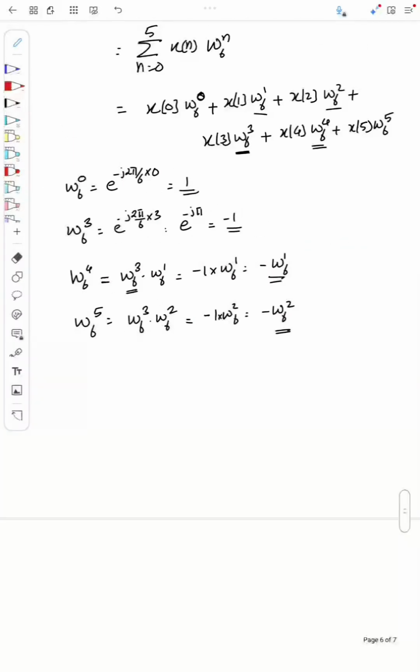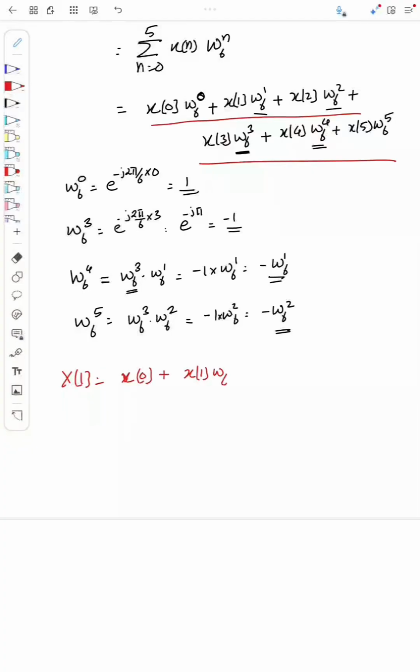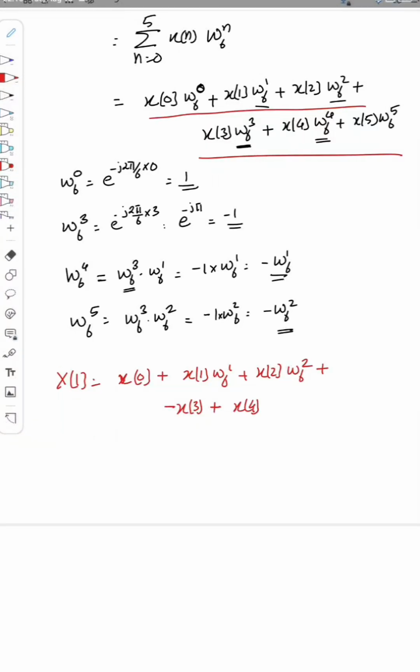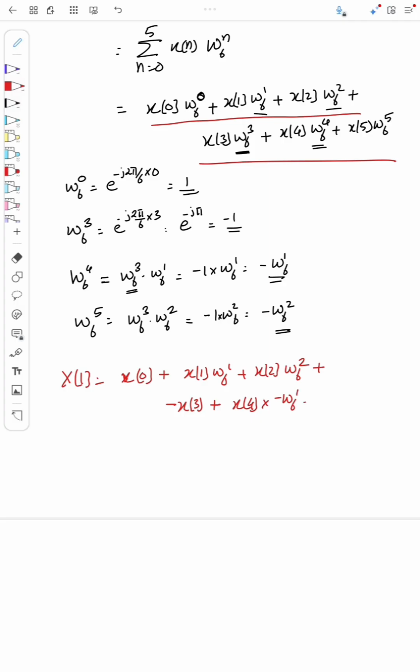What happens to this equation? I can rewrite x of 1 as x of 0, since W6 power 0 is 1, plus x of 1 into W6 power 1 plus x of 2 into W6 power 2 plus, now W6 power 3 is minus 1, so minus x of 3, plus x of 4 into minus W6 power 1 plus x of 5 into minus W6 power 2.